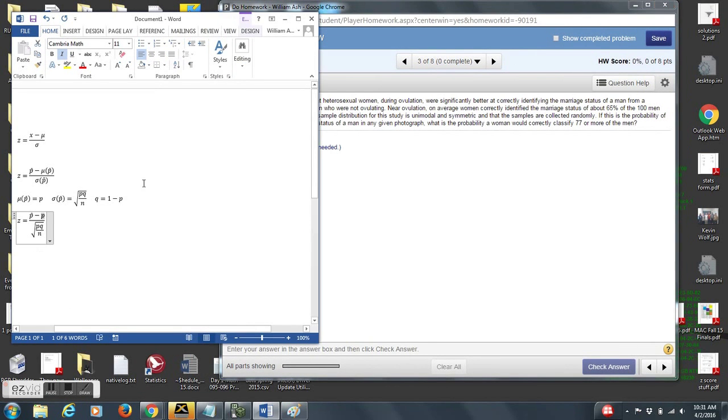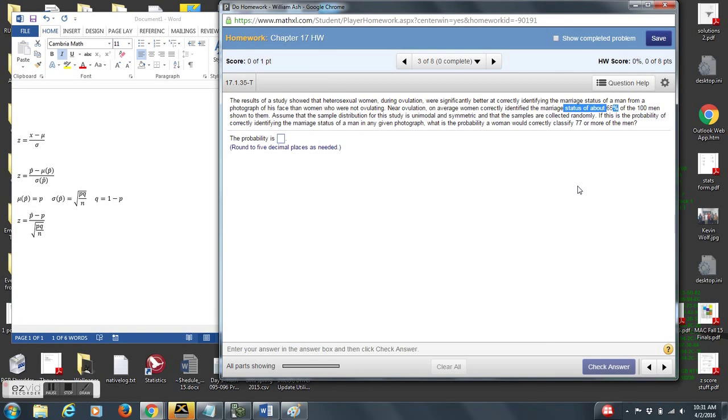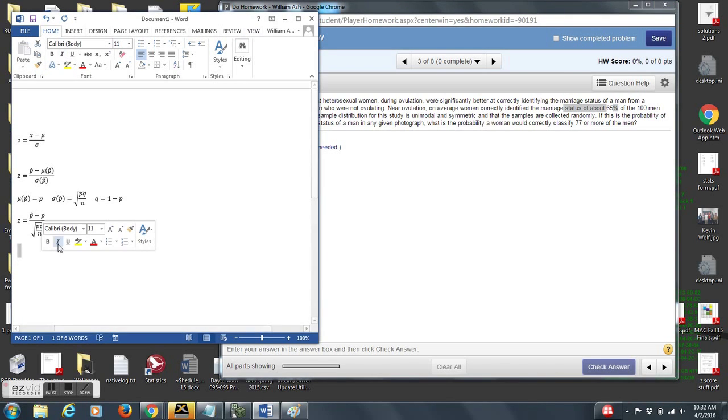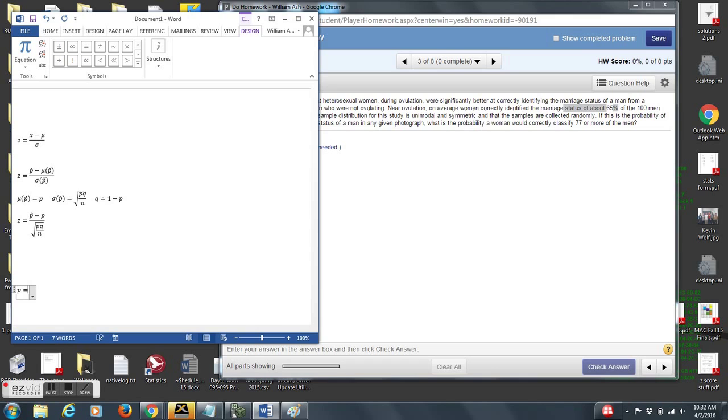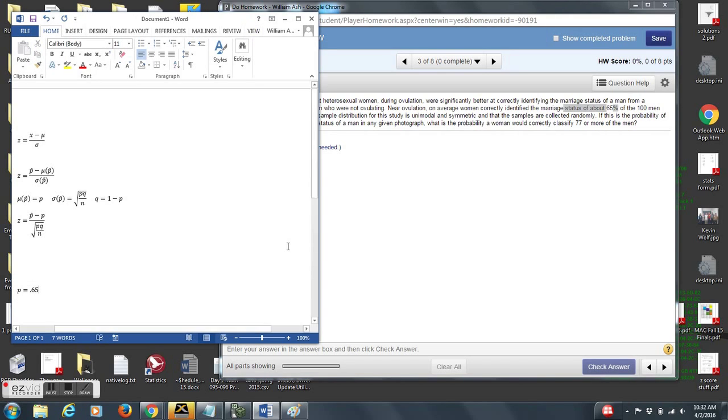I'm looking at this problem. They say on average you collected about 65%, so that's going to be my population proportion. So P equals 0.65, and they're telling me that N is 100.